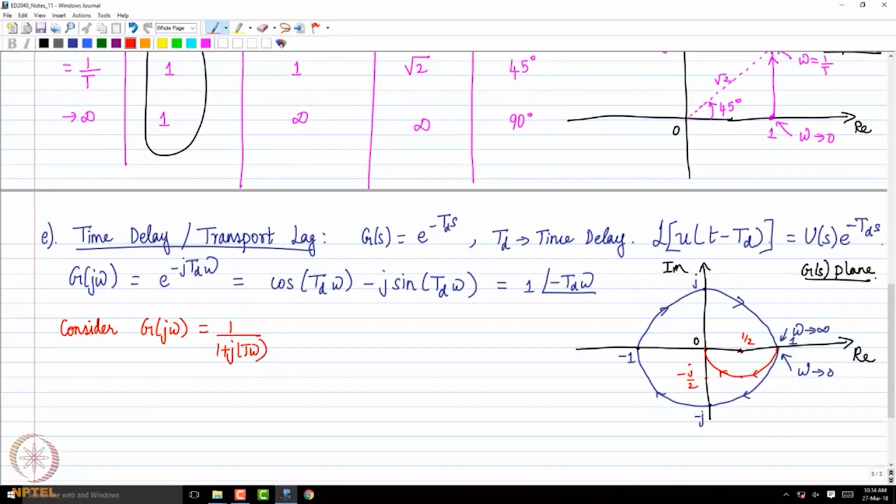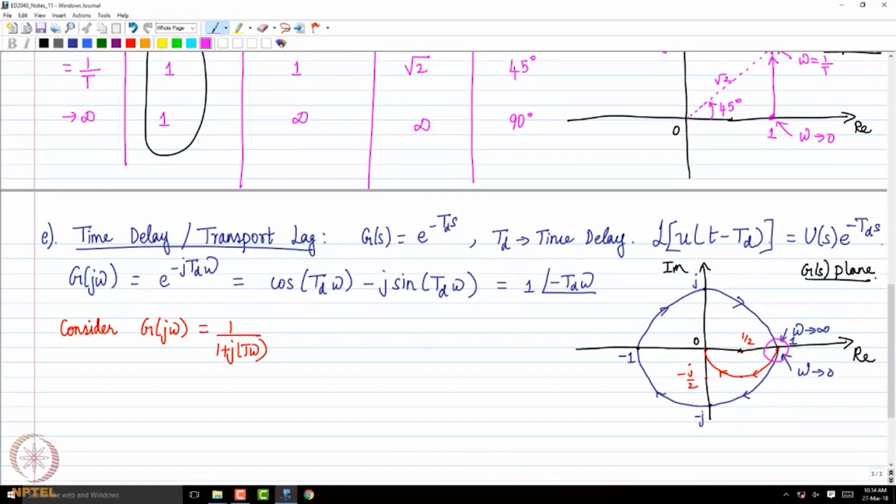Why am I making this comparison? You can see that immediately at low frequencies, the two curves approximately are the same. Do you agree? So you see that at low frequencies, the Nyquist plot of e power minus td j omega and 1 divided by 1 plus j t omega are almost the same.